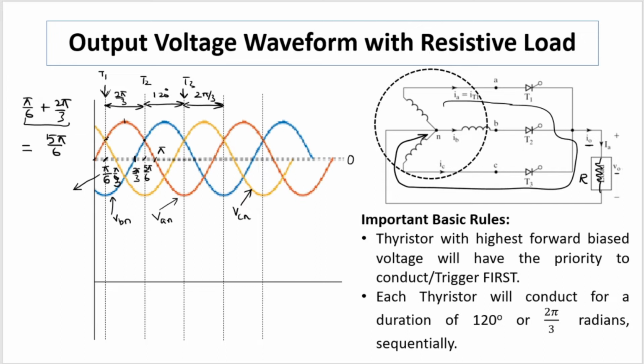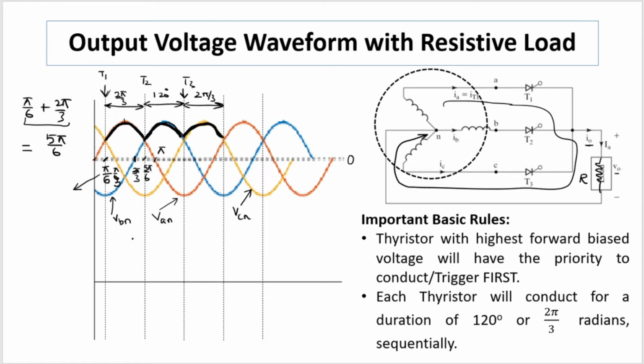So the total output voltage will be nothing but the voltage available between these two durations corresponding to operation of T1, similarly corresponding to the operation of T2, and in the similar fashion of T3. So we'll get 3 different pulses of output voltage corresponding to the triggering of T1, T2 and T3.